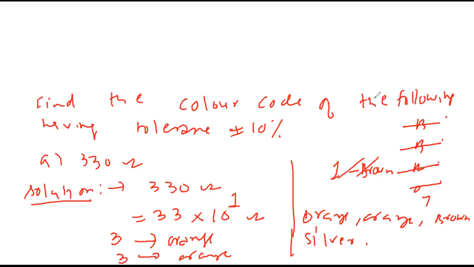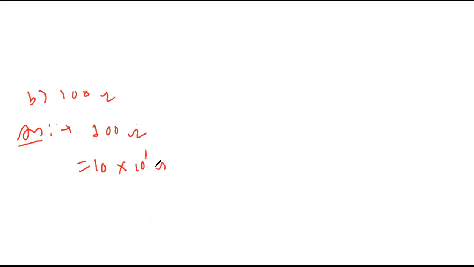Next one, see. One hundred ohm. 100 ohm can be written as 10 into 10 raised to 1. Correct? Yes, sir. So always first two digits and next should be the multiplier.